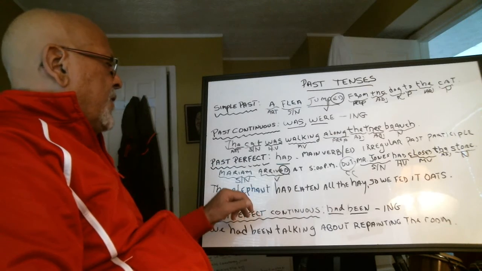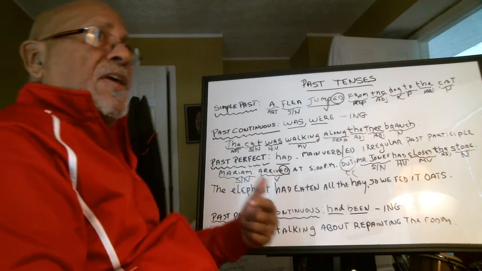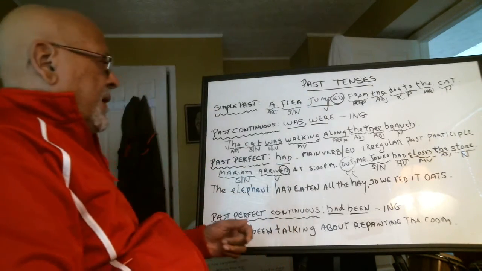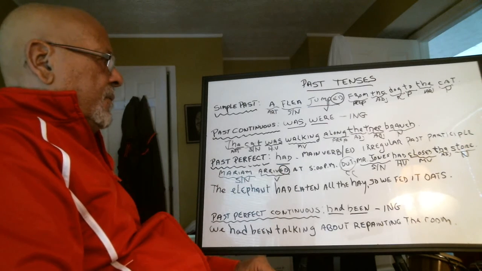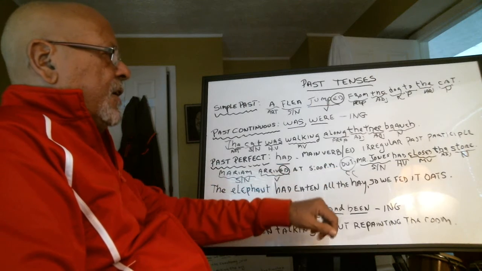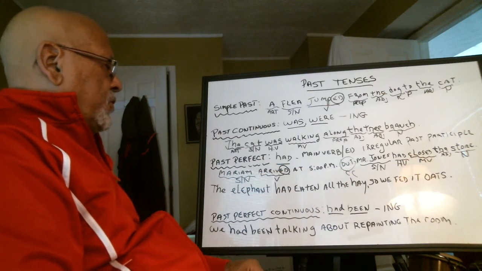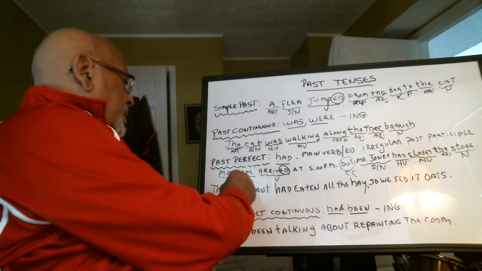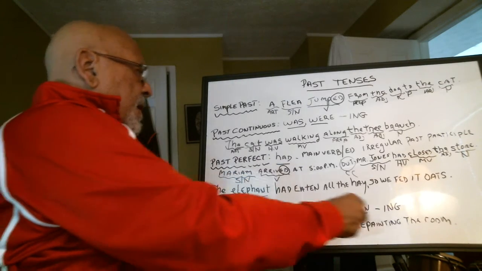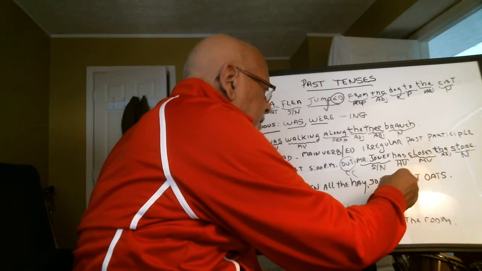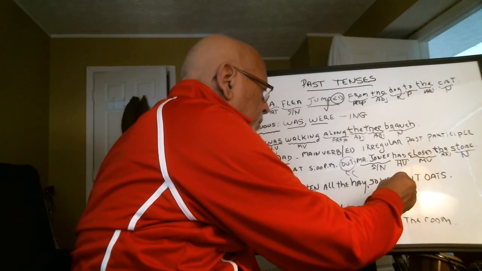Now here's another sentence with an irregular verb. The elephant had eaten all the hay, so we fed it oats. What's the subject? Elephant, subject noun. We, subject pronoun.